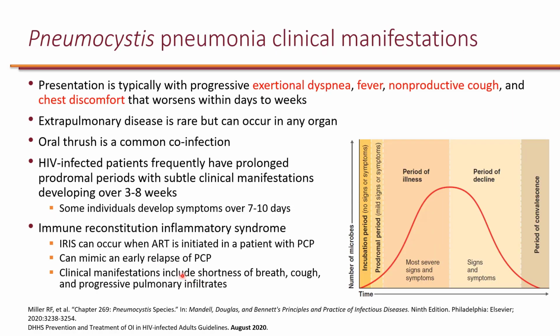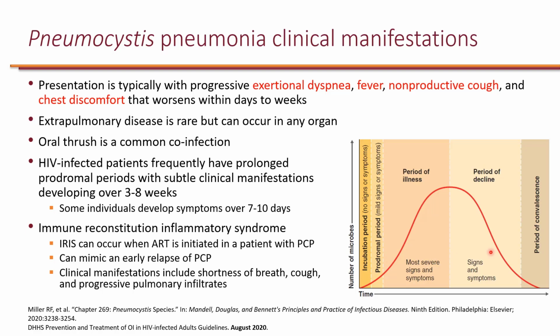So the clinical manifestations include exertional dyspnea as well as fever, non-productive cough, and chest discomfort, which worsens within days to weeks. Now, this is a progressive disease, so the prodromal period can extend from 3 to 8 weeks.